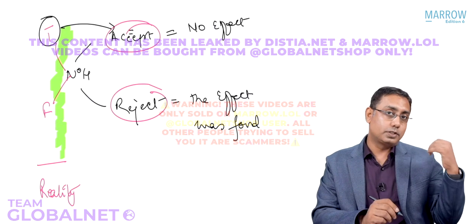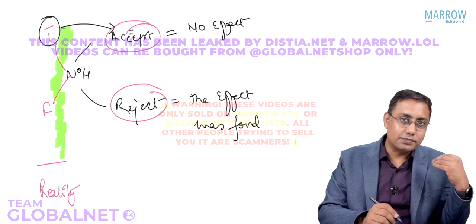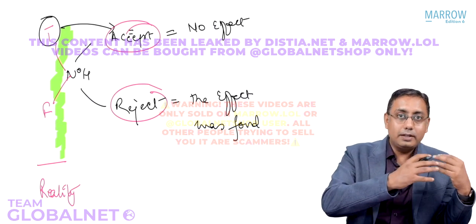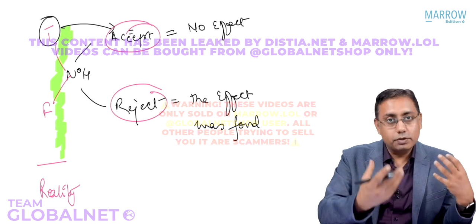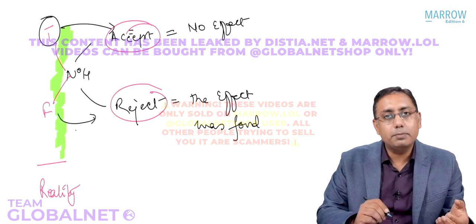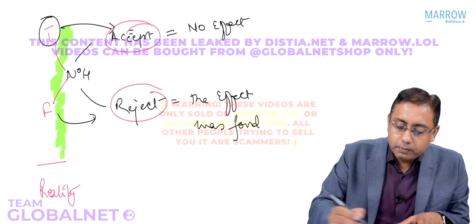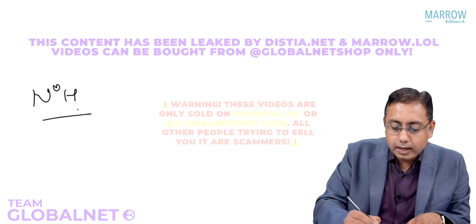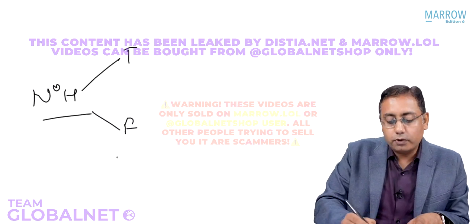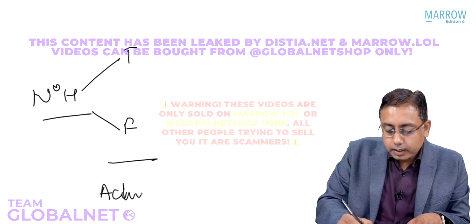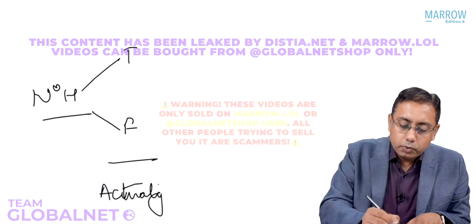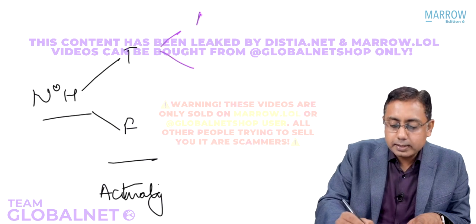In case the null hypothesis was false, in reality it was false, that means in reality there was an effect. You should also find the effect and you should reject the hypothesis. In very simple words, I want to train your mind that the null hypothesis can actually be true or false. You are human, I am human, we can accept it, reject it.